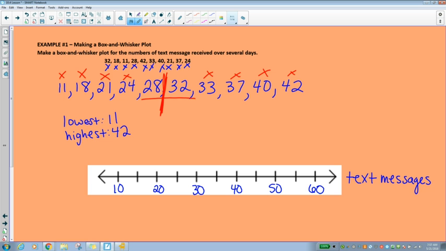I'm drawing a line for my median, because neither 28 nor 32 is my median. It's between those. To find the median, I take the average: 28 plus 32, divided by 2. 28 plus 32 is 60, and half of 60 is 30. So my median is 30.